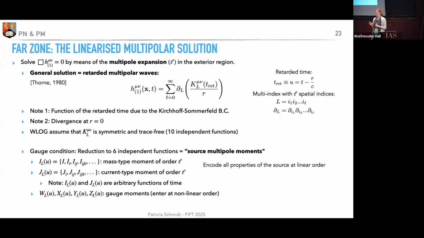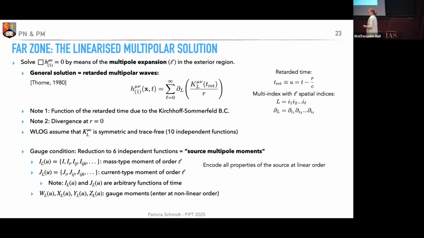At linearized gravity level, we wrote our H down in terms of the quadrupole moment.